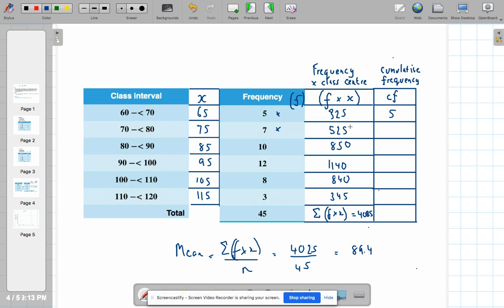So 5 plus 7 gives 12. 12 plus 10 gives 22. 22 plus 12 is 34. 34 plus 8 is 42. 42 plus 3 is 45. So remember, these two figures here and here should match up.